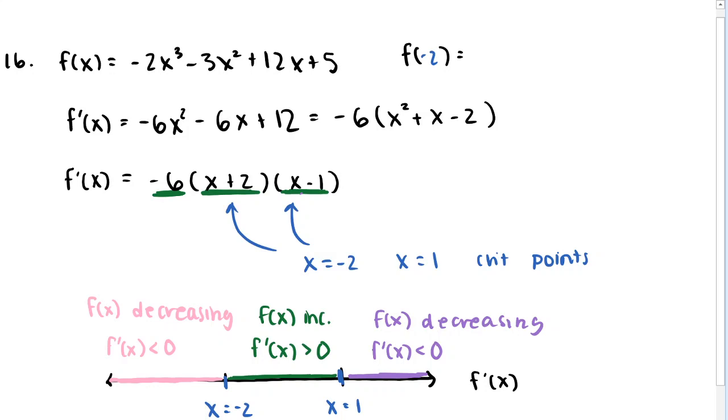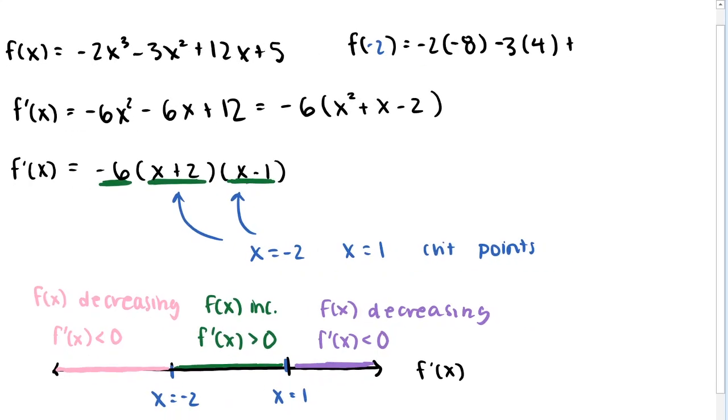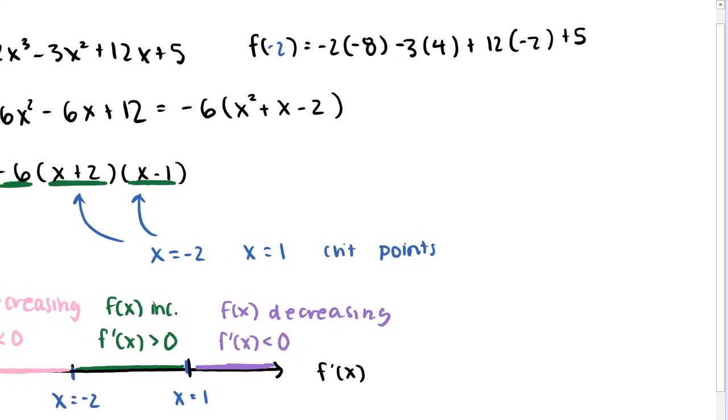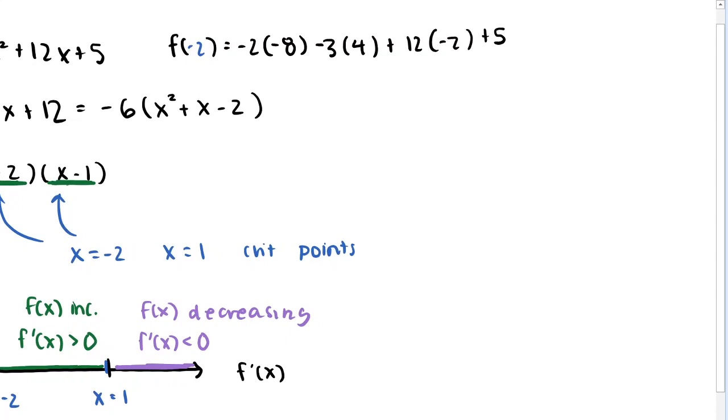So here, this gives us -2 times, well, -2 cubed gives us -8. Then -3 times -2 squared, that's +4. And then plus 12 times -2, then plus 5. Right, so this is going to give us the y value at our local minimum.